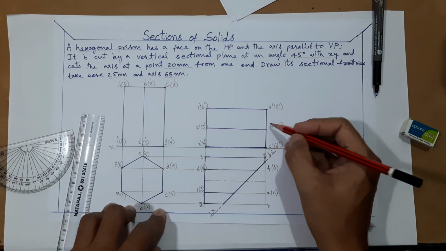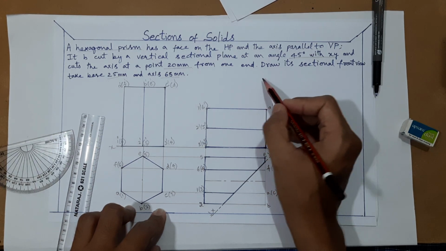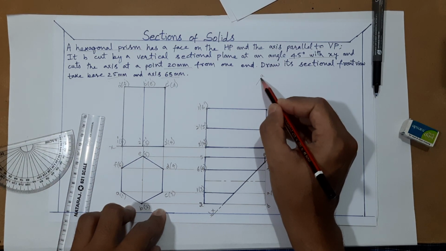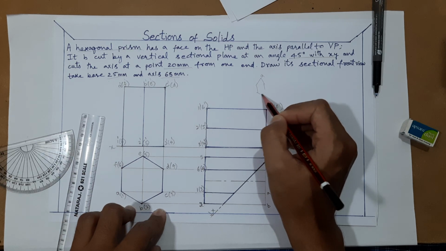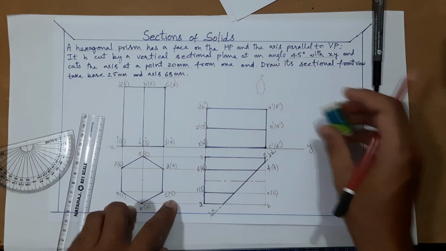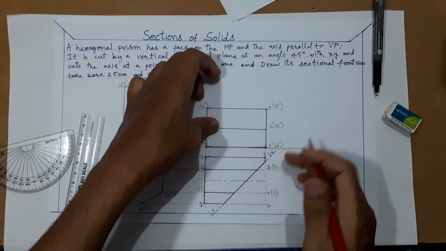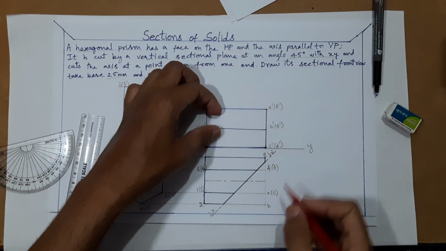Why? Because if you see this diagram, it is something like this. Here I'll draw a rough diagram. A is here, followed by this diagram like this. See, not for the front view, I'll draw for this top view. Have a look here.